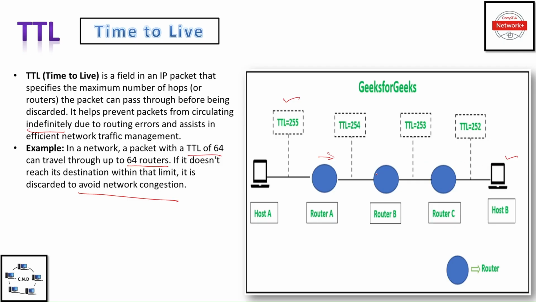If, due to any reason, there is some error or a loop inside the network, this packet will keep going through the routers until its TTL reaches 0. When the TTL finally reaches 0, the packet is discarded and dropped. If the TTL was not used, there would have been an indefinite loop, which would have resulted in network congestion and other issues.